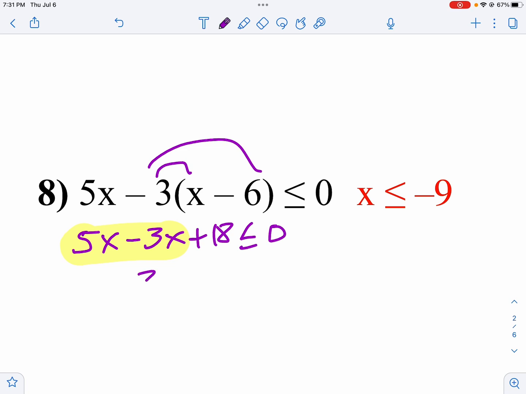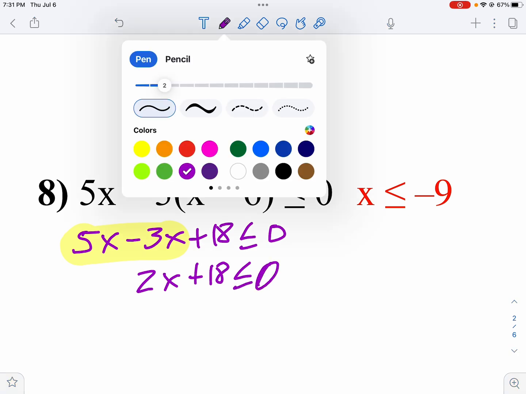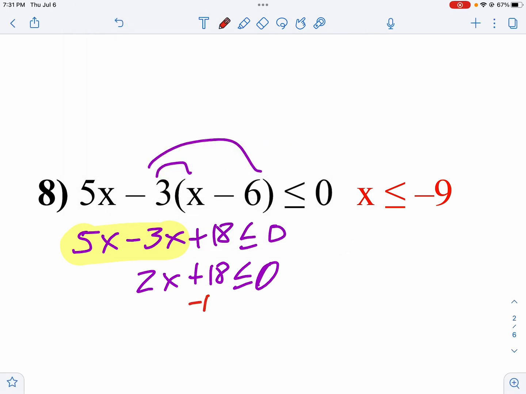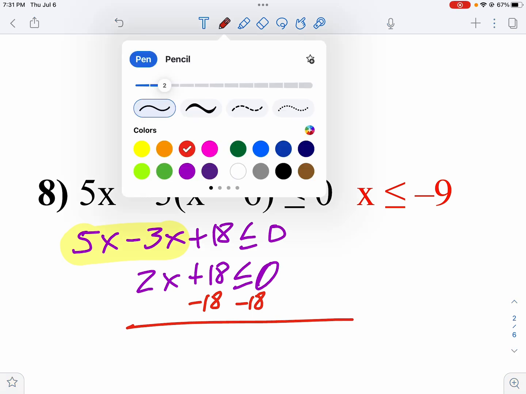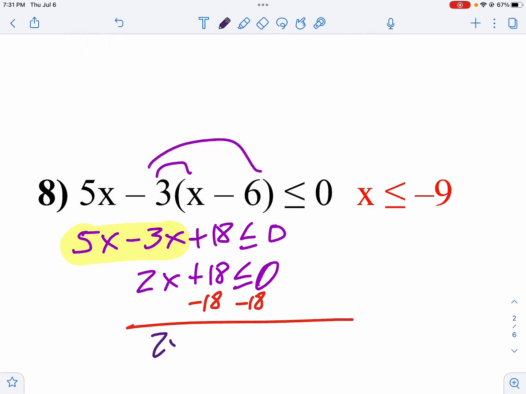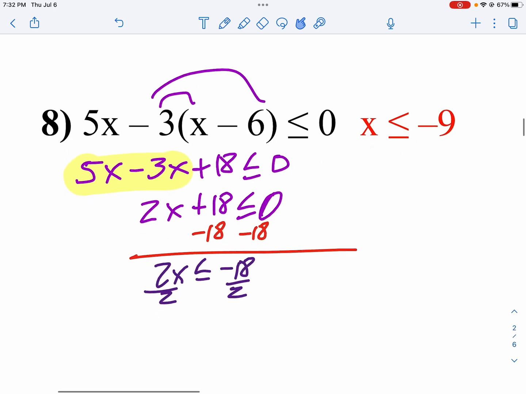That's 2x plus 18 is less than or equal to 0. Well, now let's start moving things. We'll minus 18 from both sides. So we get 2x is less than or equal to negative 18. I'll divide both sides by 2. And x is less than or equal to negative 9.